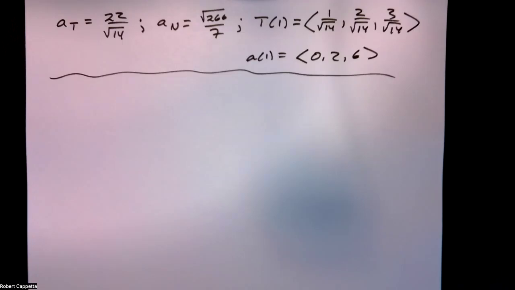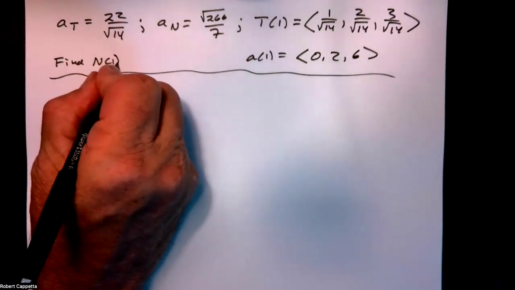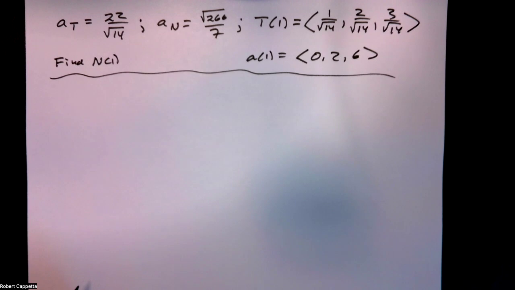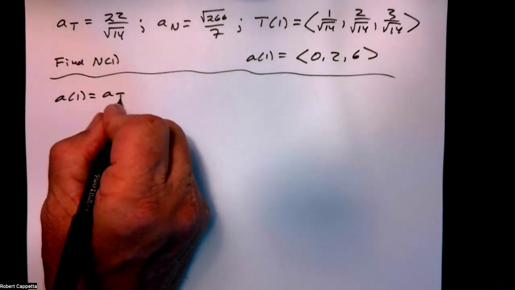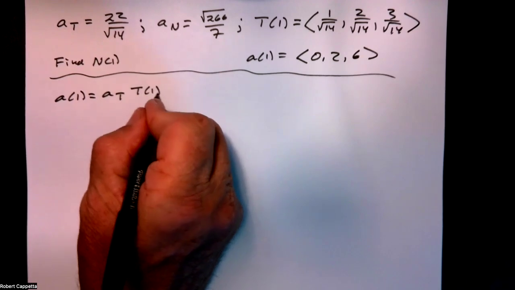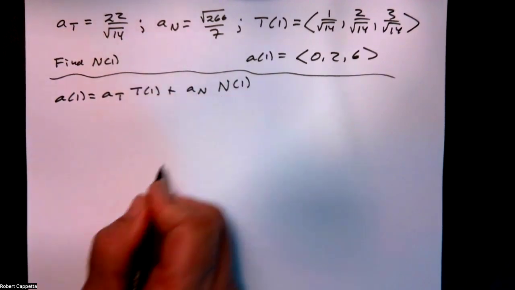Here's the relevant information we need next. Remember, our goal is to find N of 1. So can you think of the strategy you're going to need to do that? How am I going to find N of 1 using all of this information? Well, our rule then is going to be a of 1 is a sub t times T of 1 plus a sub n times N of 1.